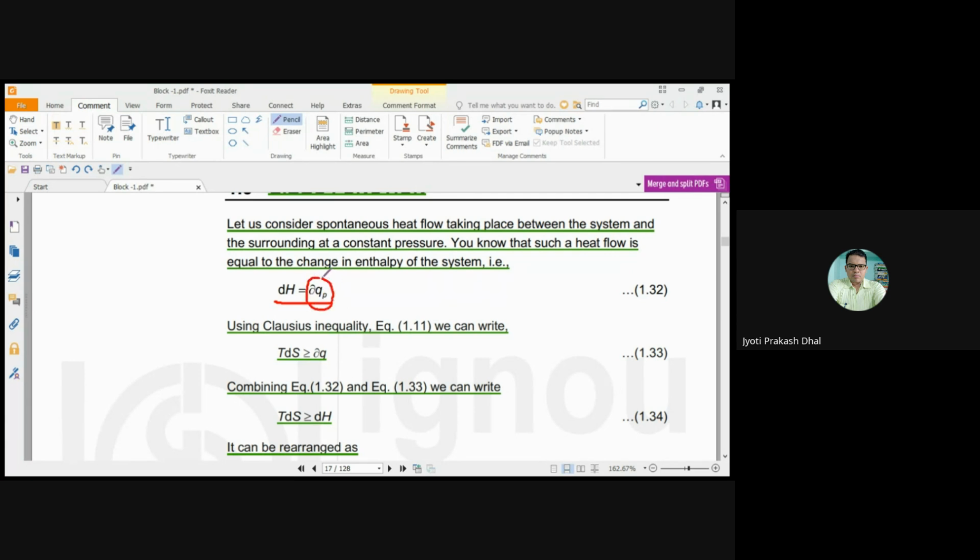This amount of heat exchange between the system and surroundings at constant pressure is completely equal to the change in enthalpy of the system. So dH equals del qp. That is equation 1.32.